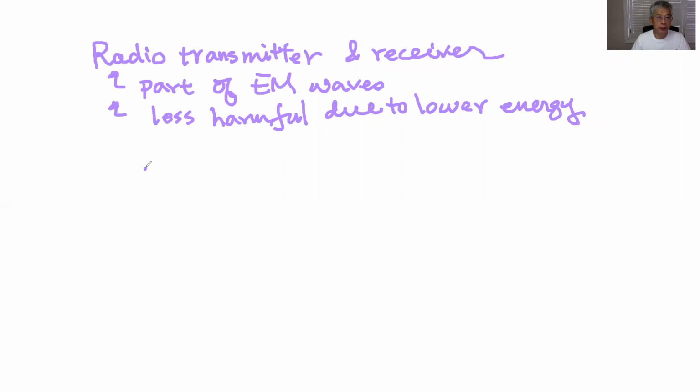So think about it. It could have like 10 to the 4 meters as lambda, right? So this is called wavelength. Imagine how long that is.